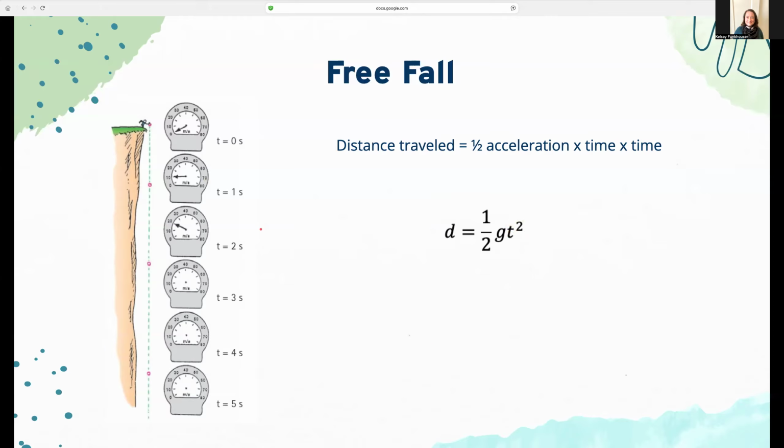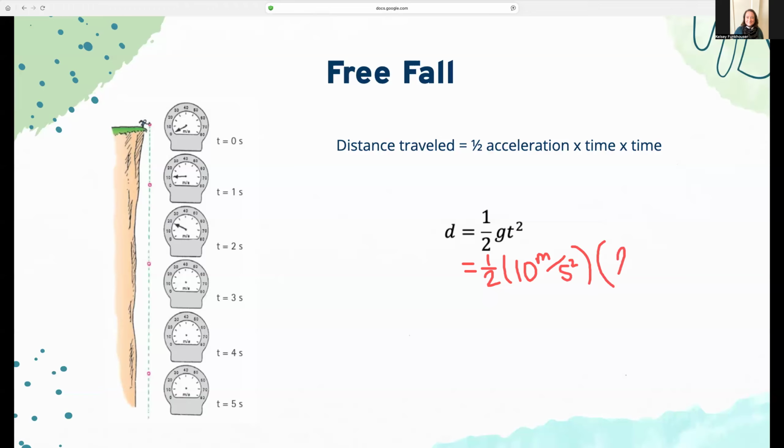So we can figure out, on top of figuring out how fast it's moving, how far it has moved. So we could try that. Let's try that for at 2 seconds. So it's going to be 1/2 times 10 meters per second squared. Thanks for bearing with me while I write with my trackpad.